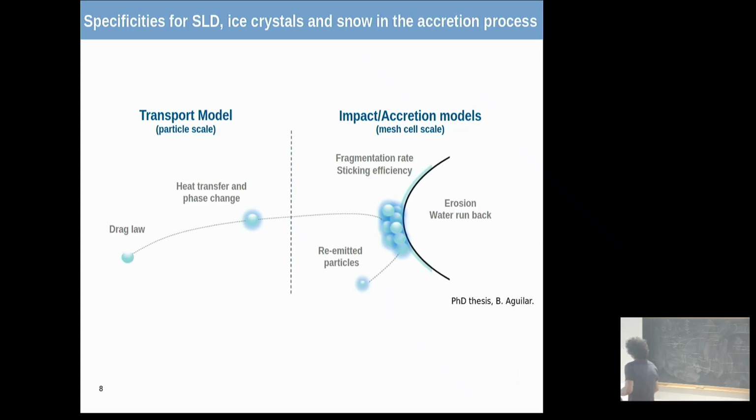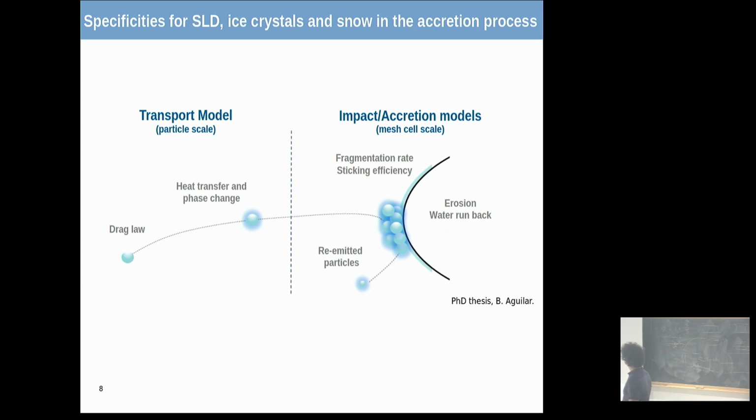Okay. So now the specificities for SLD, ice crystals, and snow in the accretion process. They appear in all the steps from, I would say, injection of the particles up to accretion here. First, during the transport steps, where there is a modification of the drag law for the particle, heat transfer and phase changes, of course.